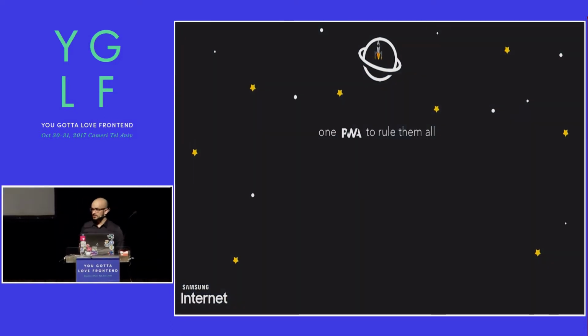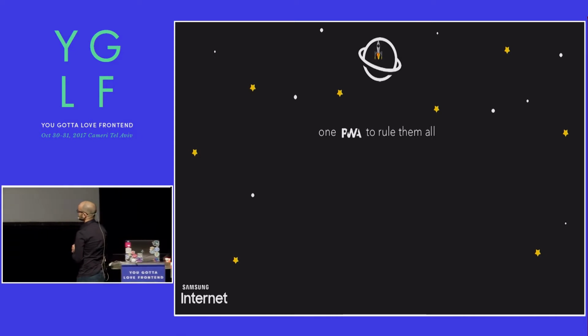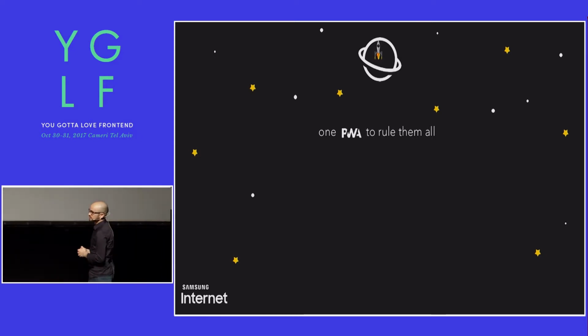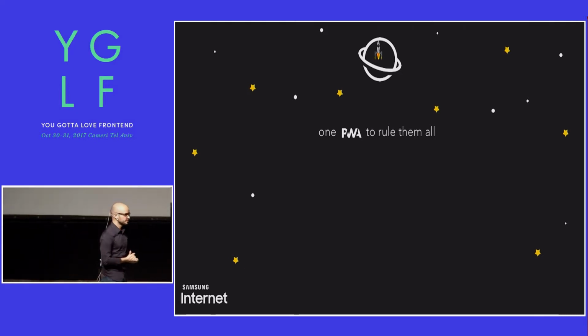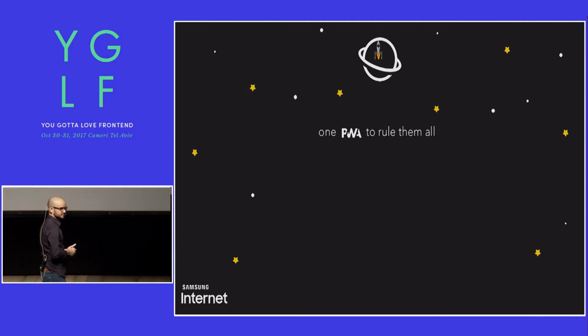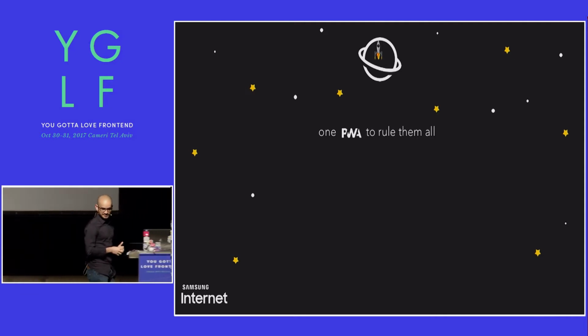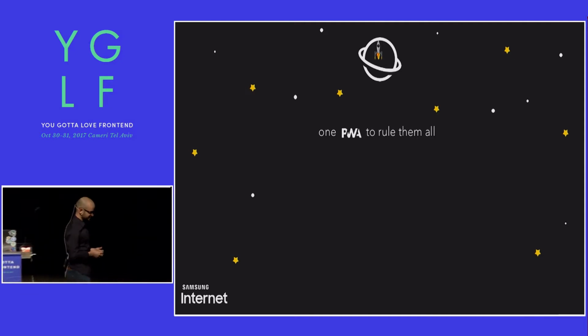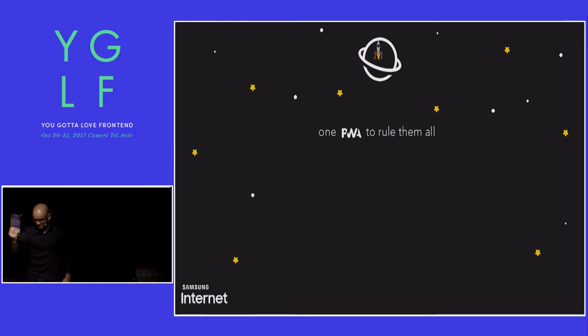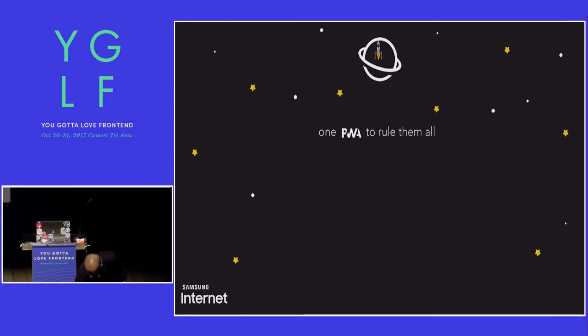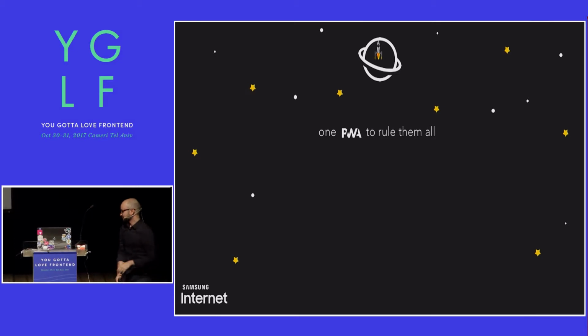Can anyone think about what is the most iconic PWA that has been developed to date? The one PWA that was made to rule them all. The one that started it. The Air Horner, correct.